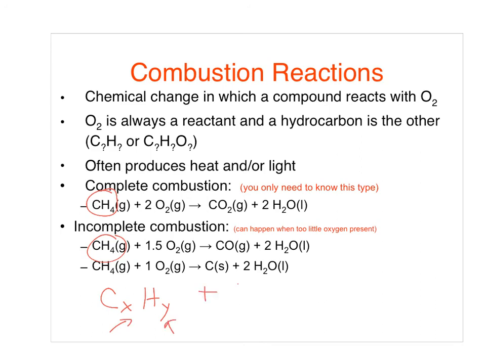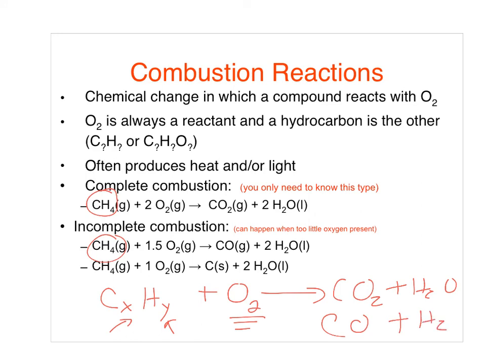But what's always true is that the reactant has to be oxygen, and the products have to be either carbon dioxide and water in a complete combustion, or carbon monoxide and water in an incomplete. So this is a complete combustion when it's carbon dioxide and water, and this is an incomplete combustion when it's carbon monoxide and H2O.